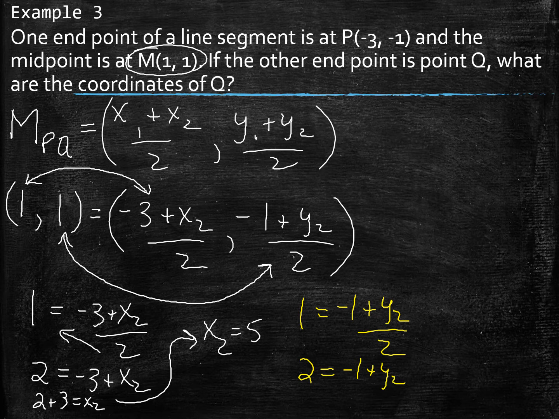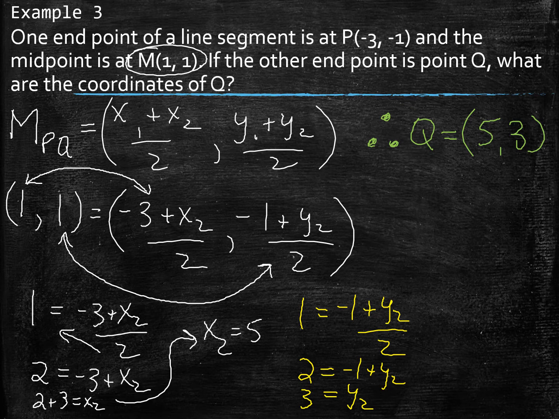I'm going to skip a step here. 2 plus 1 is 3. 3 equals our second y-coordinate. So what does that mean? That means that point Q, so therefore Q equals x-coordinate, we got 5, y-coordinate, we got 3. So 5, 3 are my coordinates.